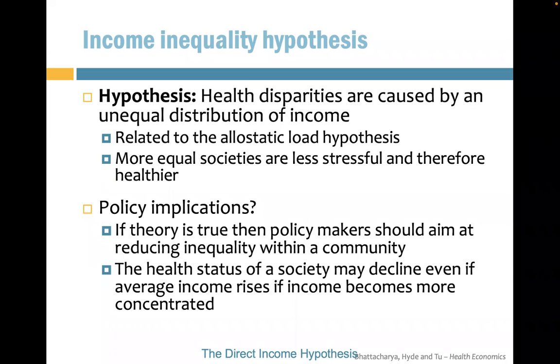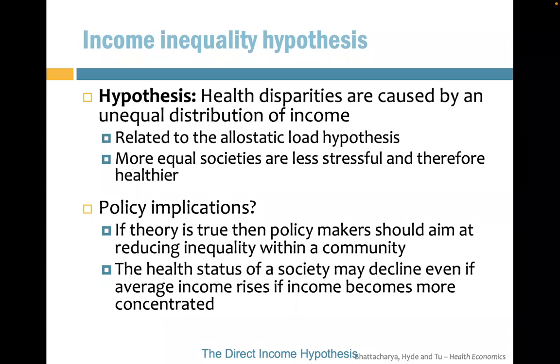The policy implications for this one is that if this theory is true, then policymakers should aim at reducing inequality instead of investing in healthcare services. Okay. And another thing is that the health status of a society may decline even if the average income rises, if the income becomes more concentrated. Okay.